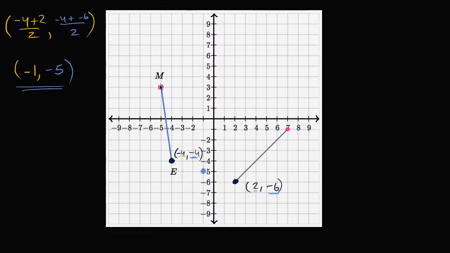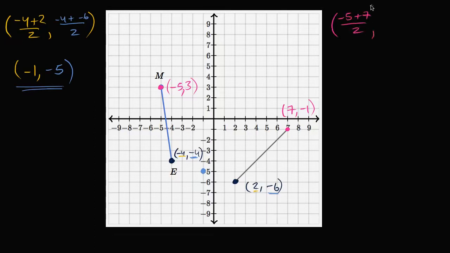So now let's find the midpoint between M and this point right over here. The coordinates of M are x is -5 and y is equal to 3. The coordinates here are x is equal to 7 and y is equal to -1. So the x coordinate of the midpoint is going to be the average of the x's here. So let's see, it's going to be -5 plus 7 over 2.